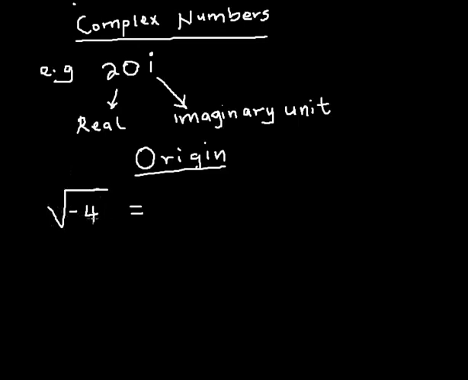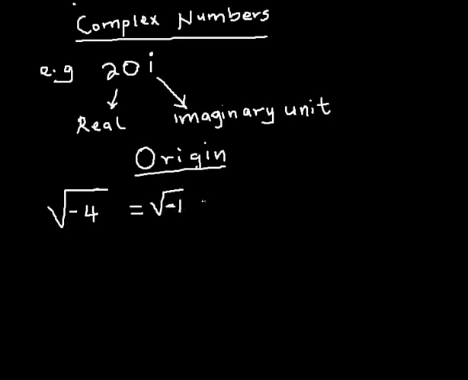Number one: x minus 2yi is equal to 10i.